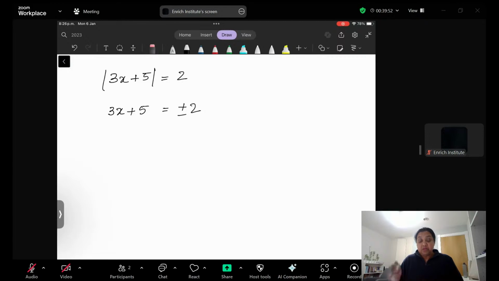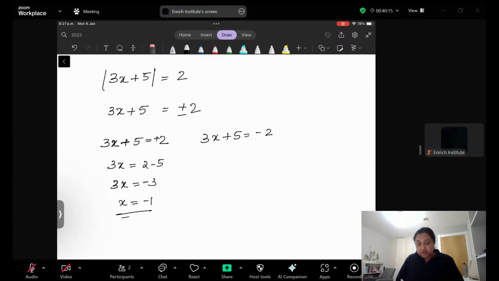So what I can do is write this as 3x plus 5 is equal to 2, which means positive 2, or I can write it as 3x plus 5 is equal to minus 2. And then I can solve this. So 3x is equal to 2 minus 5, so 3x is equal to minus 3 and x is equal to minus 1.